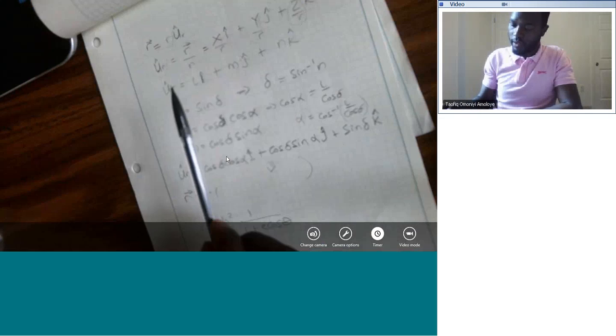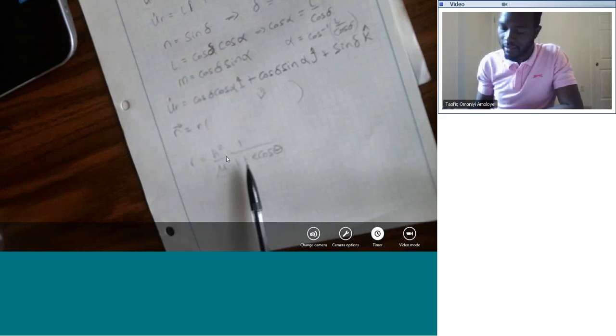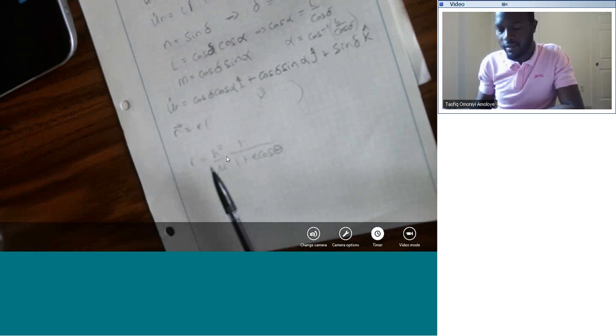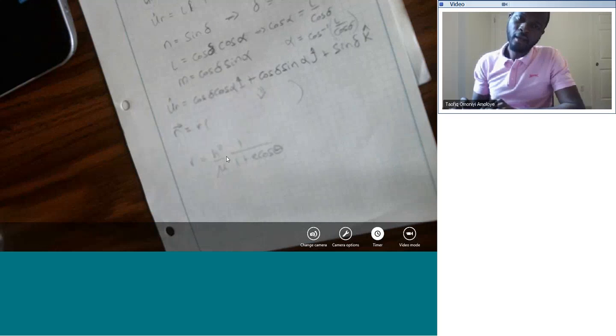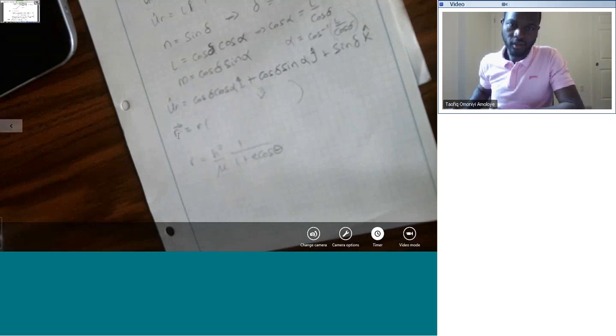So we still need further information about maybe its eccentricity, the true anomaly, its specific angular momentum, or some other parameters which we shall be talking about shortly.